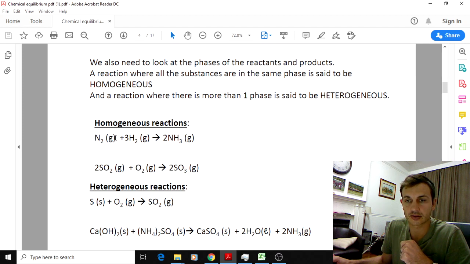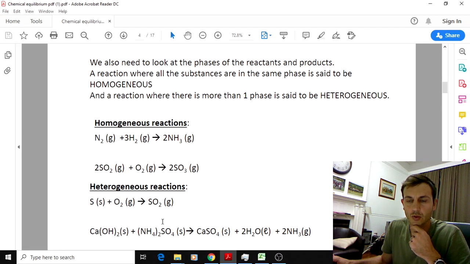They're all gases. The subscript over here gives us that information. Same with this one over here. All gases, so it's homogeneous. This one, they don't all have the same phase, so it is heterogeneous. This one is a solid, shown by that subscript S, and the rest are gases.